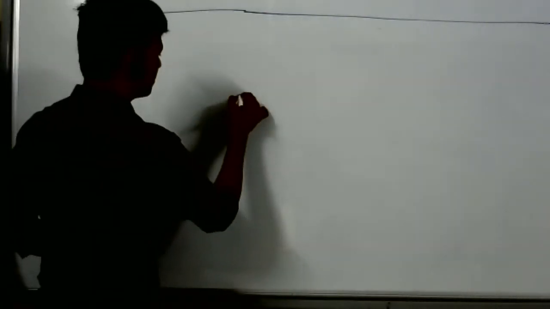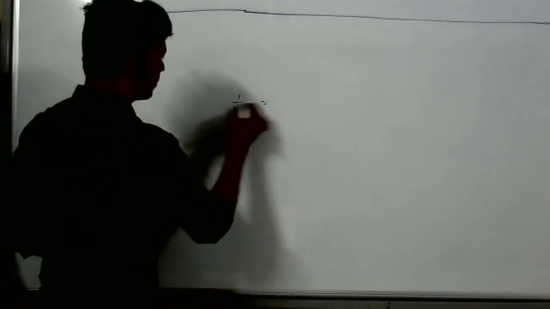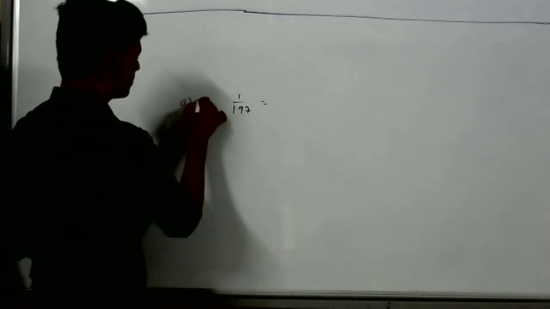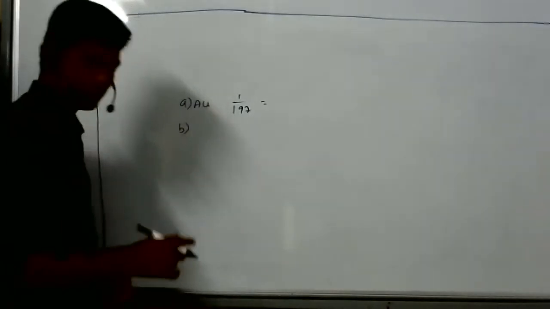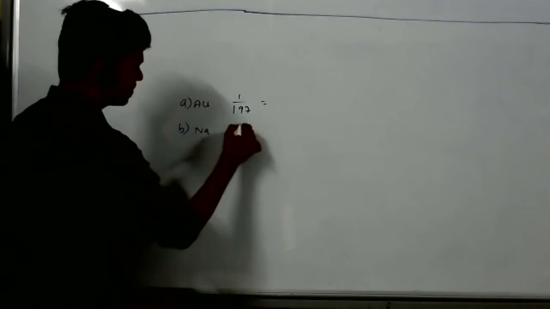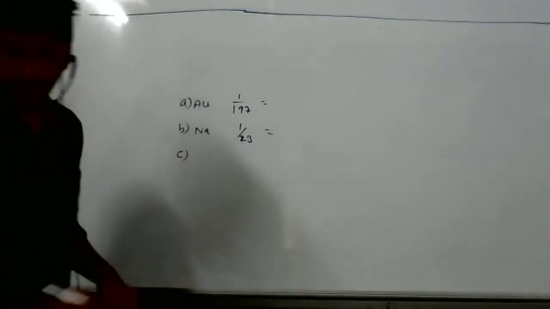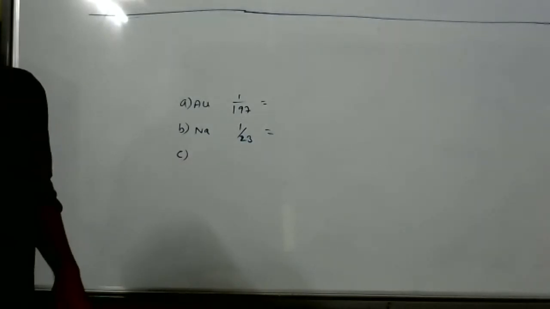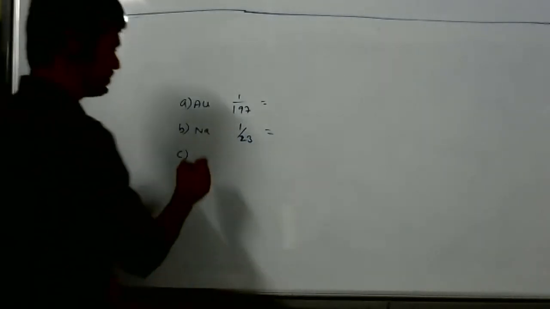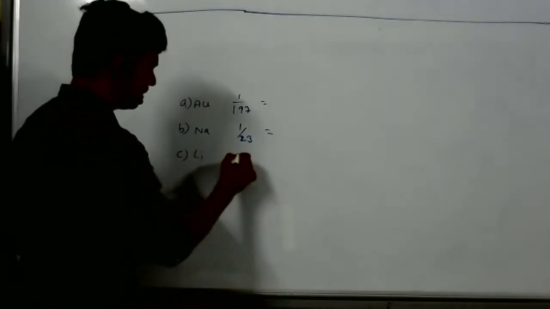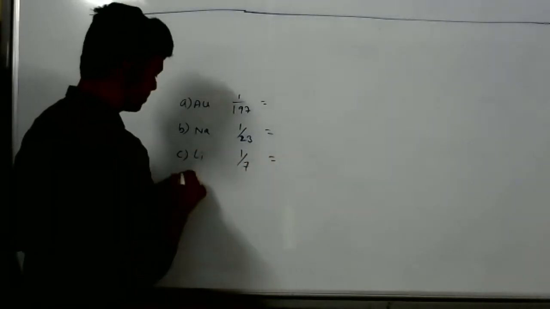So simply apply the mole concept. 1 divided by the gold atomic mass, nearly 197. 1 by 197, this is gold, option A. Option B is 1 gram of sodium, so 1 divided by 23. Option C is 1 gram of lithium, 1 by 7 only.